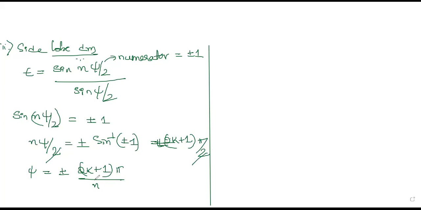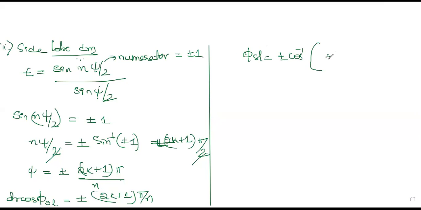is the remaining equation. But we know what xi is. Xi is dr cos phi. You're finding the side lobe, so I'll write it as SL, which is equal to plus or minus (2k+1) into pi by n, where again phi SL will be plus or minus cos inverse of plus or minus (2k+1) divided by n dr into pi.